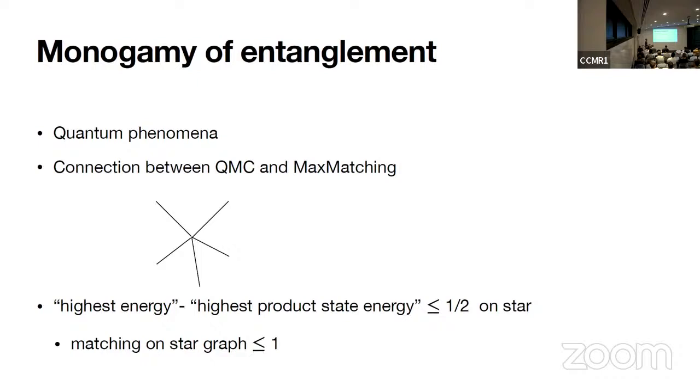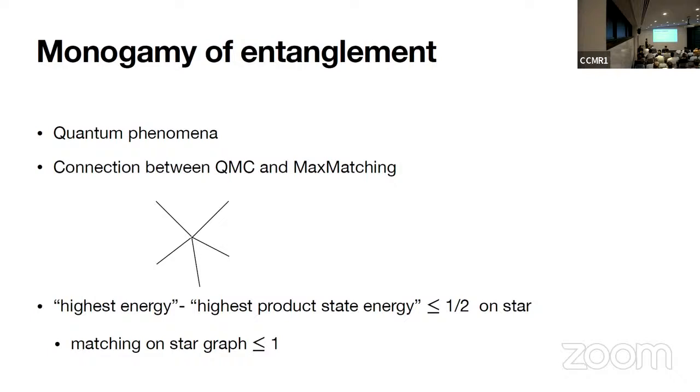Then the highest energy minus the highest product state energy is always at most 1/2 on a star graph, regardless of the degree. For example, if you consider just a single edge, the highest energy is 1, but the highest product state energy is 1/2. So it saturates this inequality.